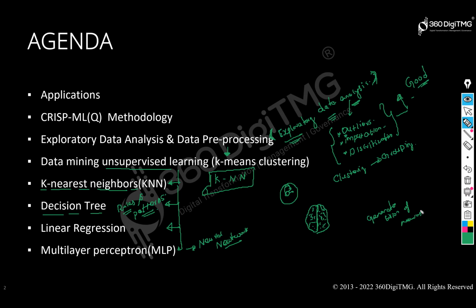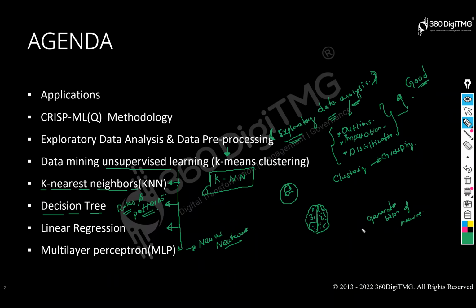So here we will look into multi-layer perceptron, that is a neural network, where we handle multiple neurons and see how to generate with that. All these things we will discuss in the upcoming sessions, completely detailed with the use cases, right?